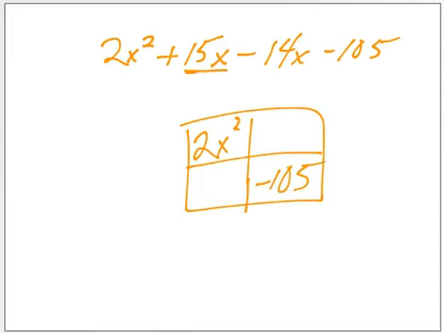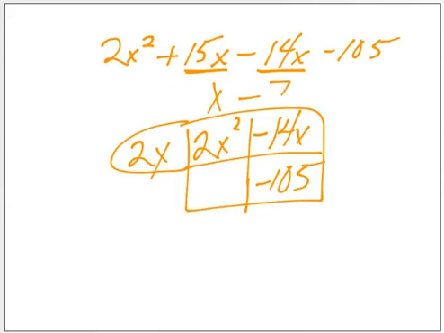Does it matter which one of these we put in which box? It does not. But if you look at it, sometimes it's helpful to analyze which one would go better where. And if we put negative 14x right there, we see a greatest common factor. What is the greatest common factor of those two? Well, it's 2x, isn't it? If that's 2x, then this is x, and that's 7.